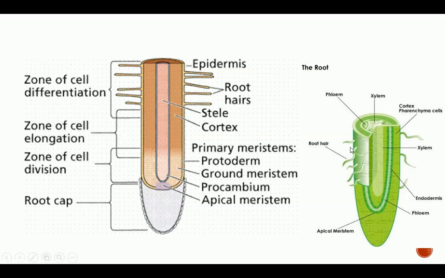We have the root hairs, which emanate from the pericycle. We have the phloem, which is a part of the vascular system. Okay, so this is a diagram which shows the anatomical structure of the plant root.